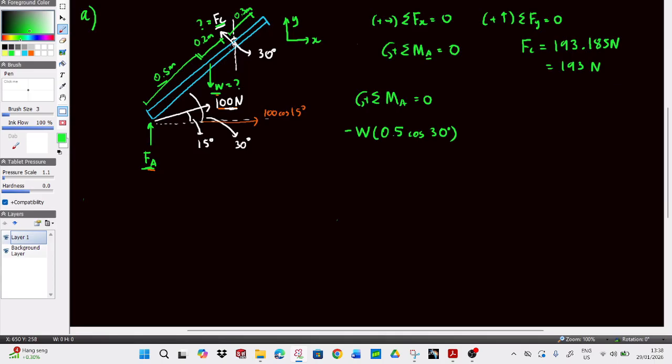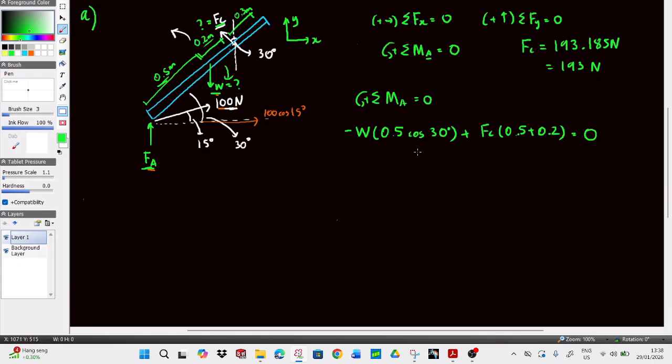And FC, because FC is perpendicular to the bar itself, gives a counterclockwise moment, so it would be plus FC, and our distance from point A is 0.5 and 0.2, so 0.5 plus 0.2, equals 0. Obviously FC gives the counterclockwise moment, and our weight gives the clockwise moment, so they give a net moment of 0.